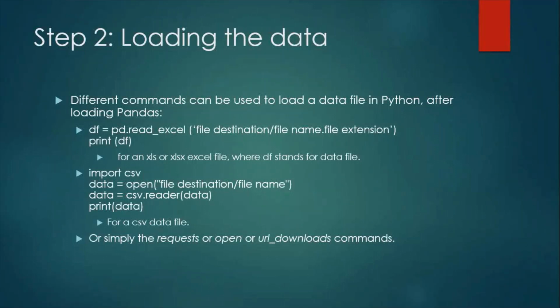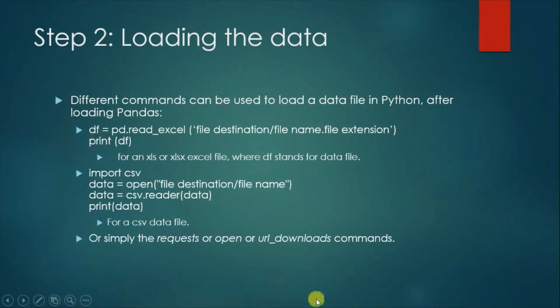There is also another way of doing it, where for instance you're using a .csv file. Then you can simply write import csv, data equals open the file destination and that name, and then the csv reader and print data. Or you can use the requests option, where you just have to enter one line of command, not steps of different commands.